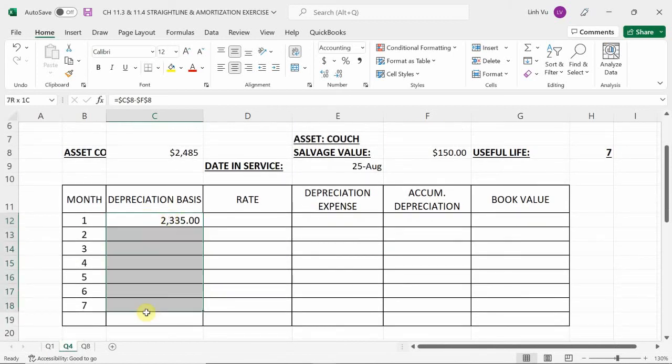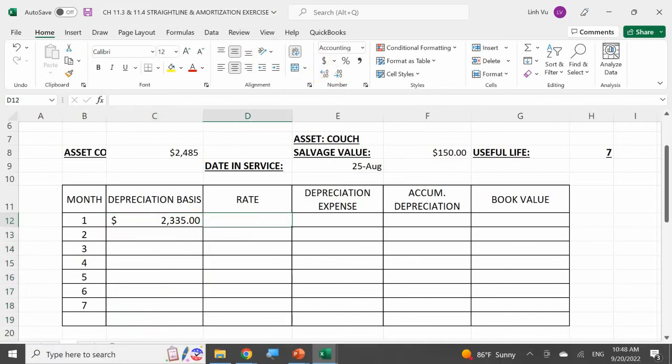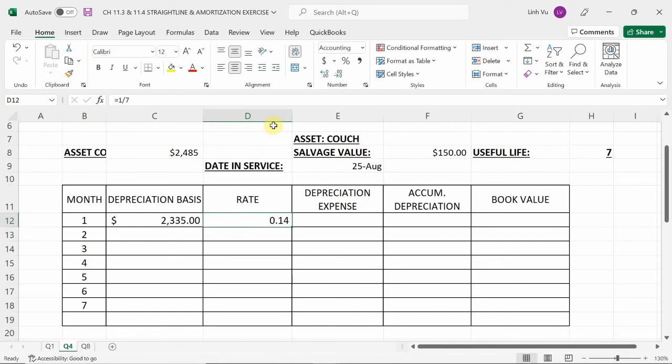So what's my rate going to be? 1 divided by 7. And I got 0.1428. Correct.